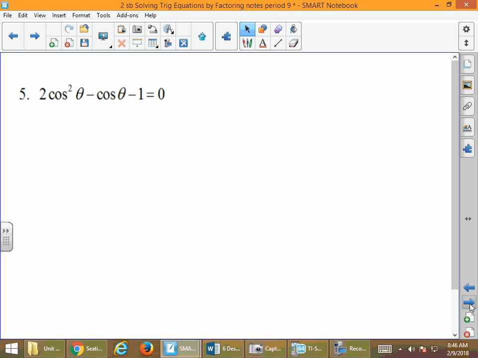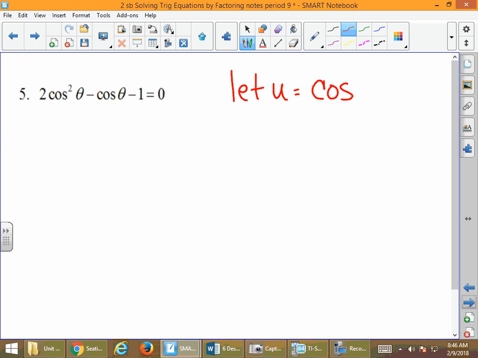But as we finish here, let's look at one more using a u substitution. In this particular case, we have cosine squared and cosine in our function. So we're going to let u equals cosine of theta.